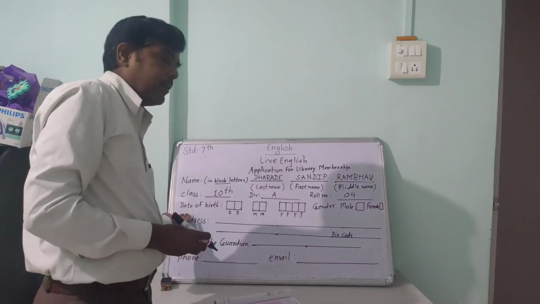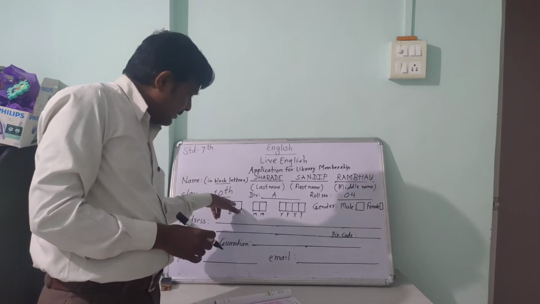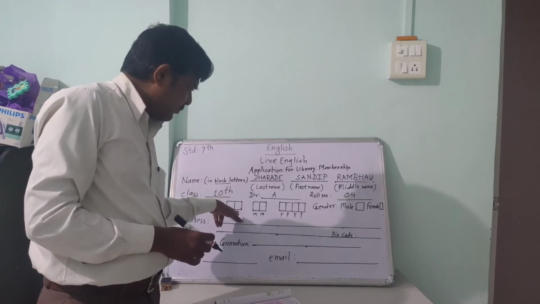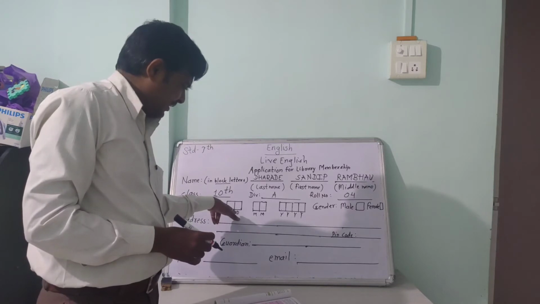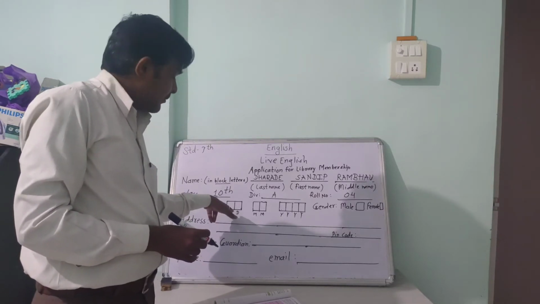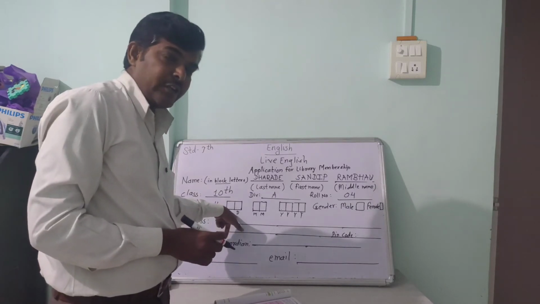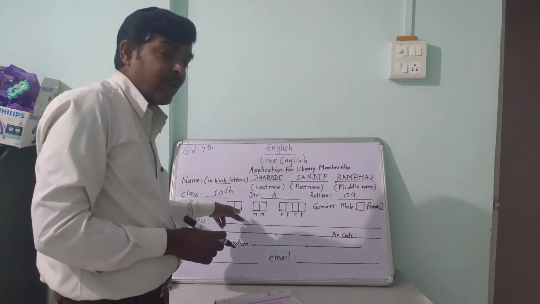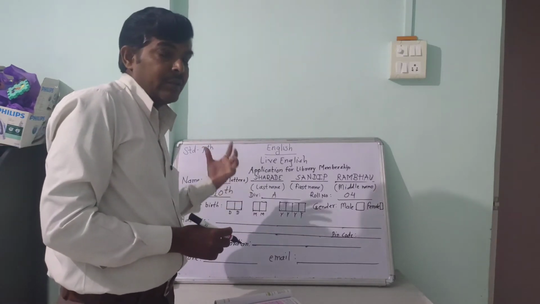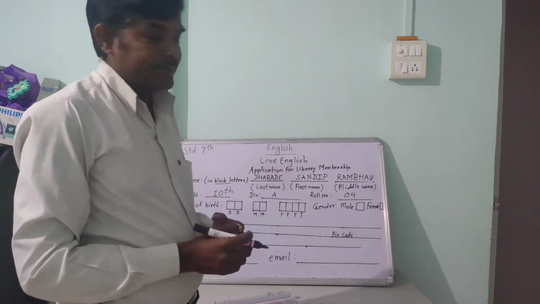Look, then date of birth, but under the squares you have to see these letters. First of all, we see here that D means day. It stands for the day. That means you have to write down the actual date.